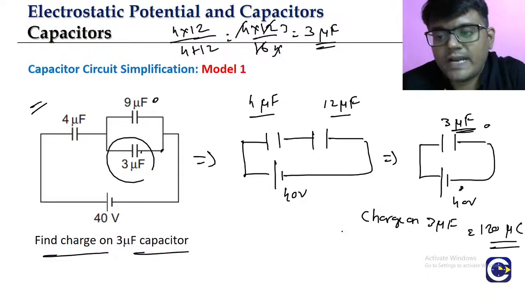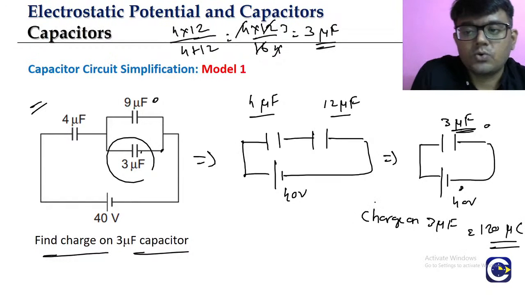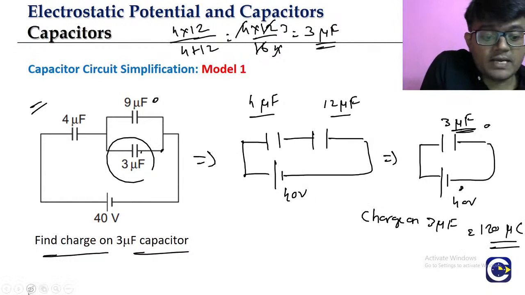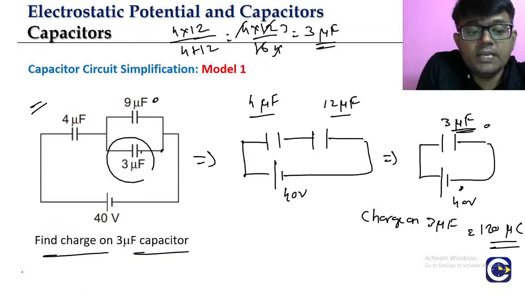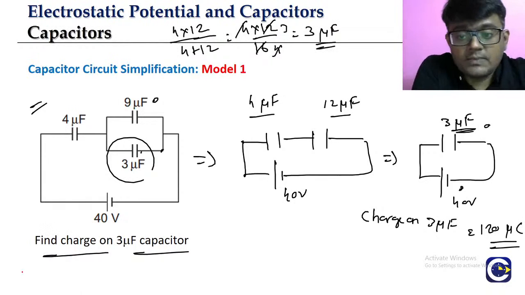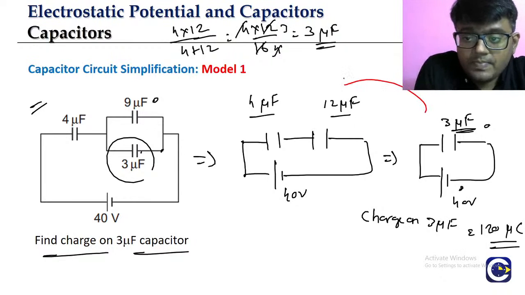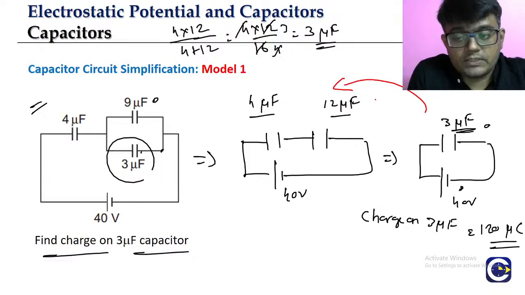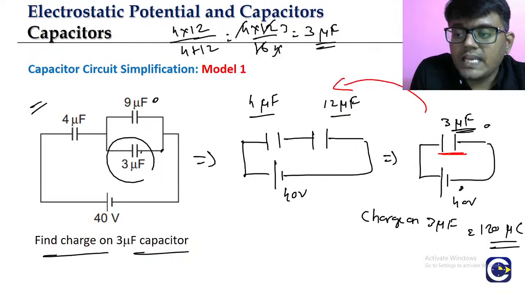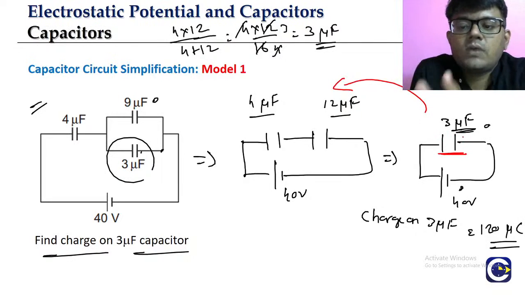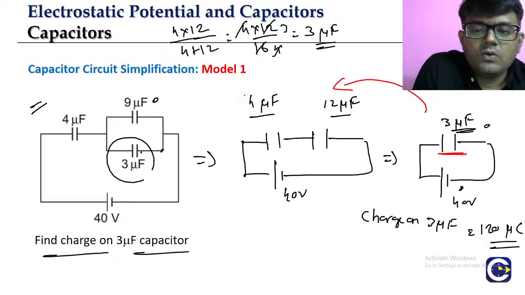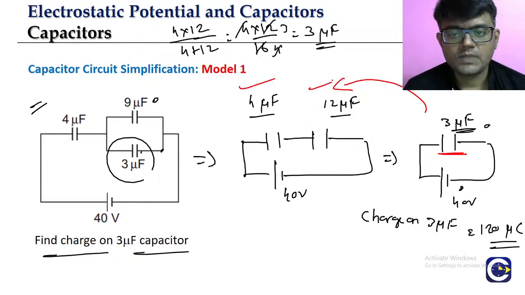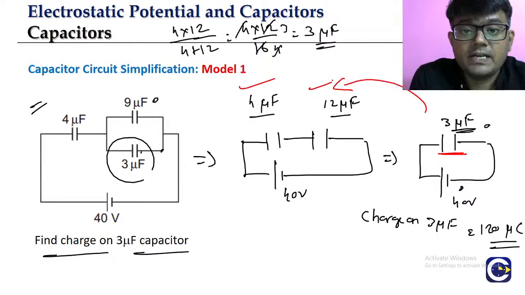So the charge on it is 120 microcoulombs. As I said, first we fully simplify the circuit, and then we go step by step backwards. Now, the 3 microfarad is the equivalent capacitance of 4 and 12. 4 and 12 are in series.